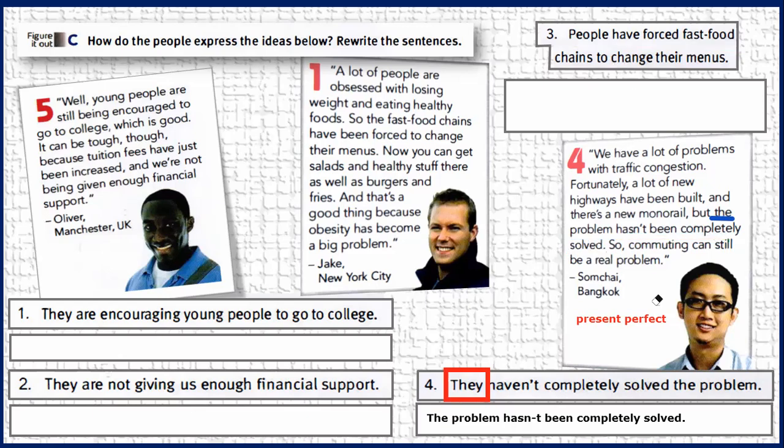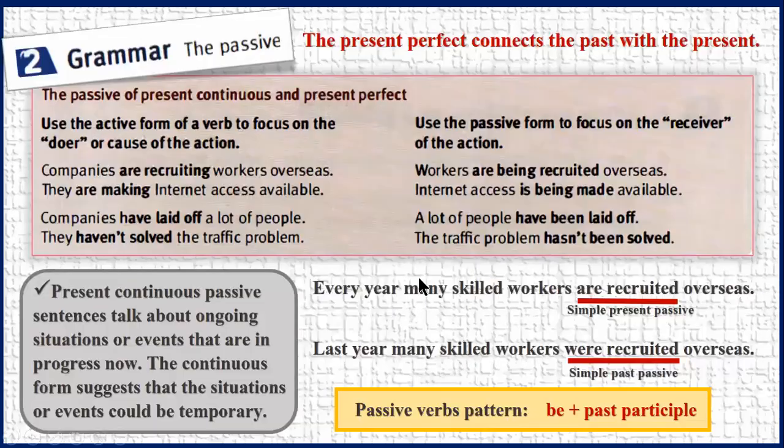Okay, let's move on to the grammar so we understand this better. Here we go. Okay, people, here we have that the present perfect connects the past with the present. These are actions that started in the past, but in the moment are still true or real, right?